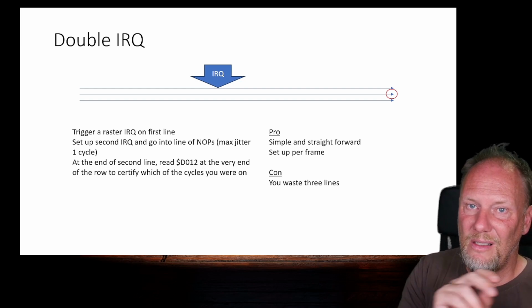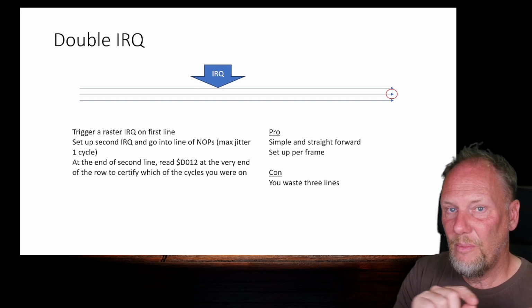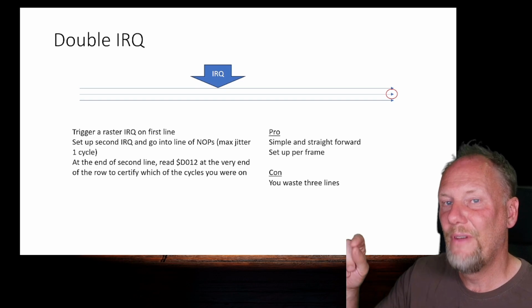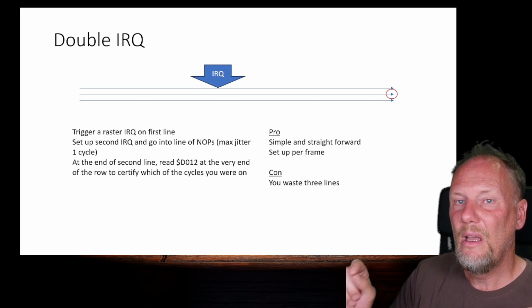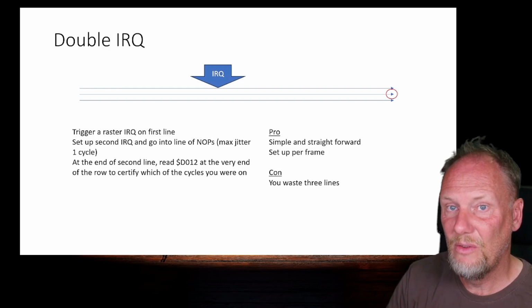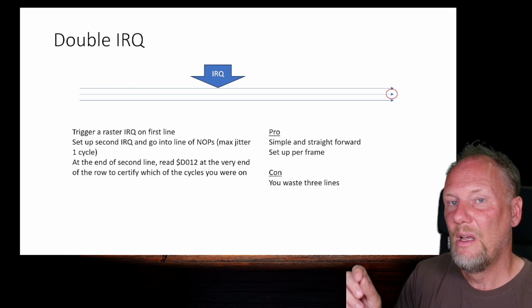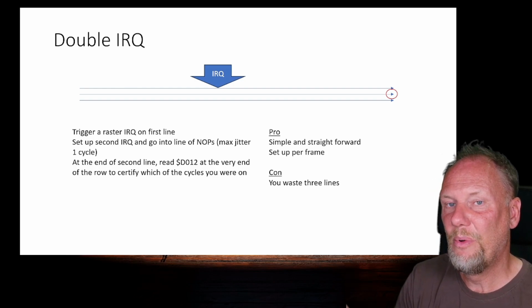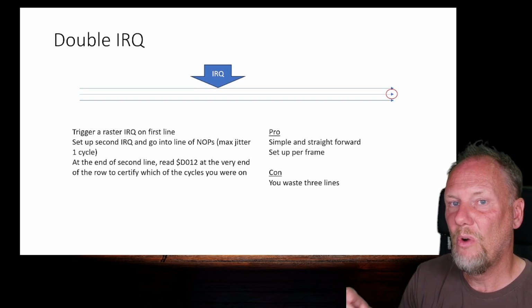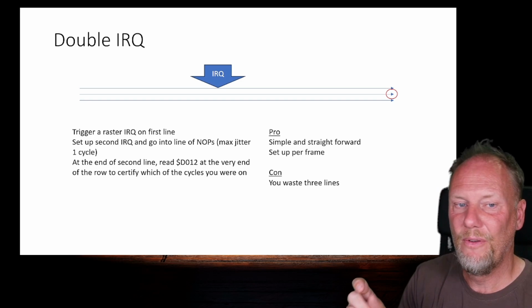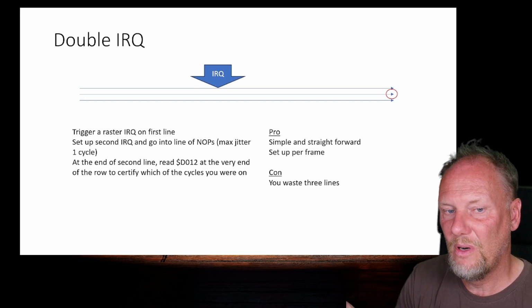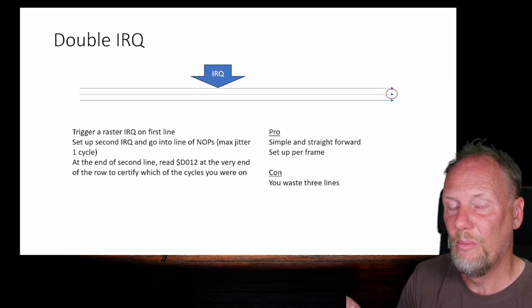What you then do is let that second interrupt run. So you have a number of delays until you are at the very end of the screen. If the first interrupt was interrupted by the second interrupt when it was executing the first cycle of the NOP, you read the raster beam, and you are still on the first row of the second interrupt, that means that you were on the first cycle of the NOP.